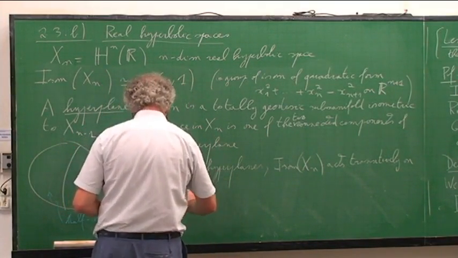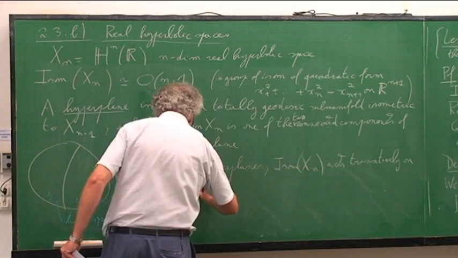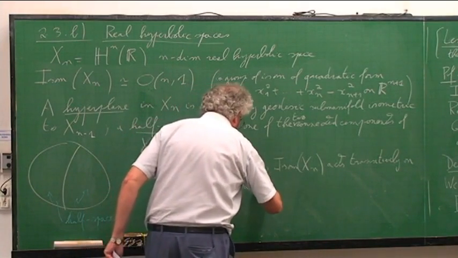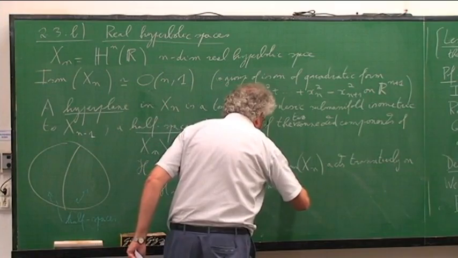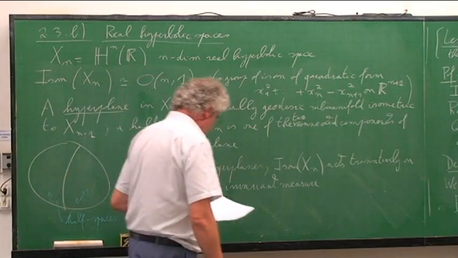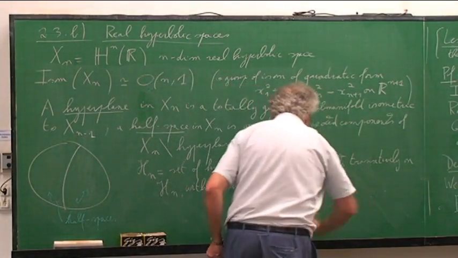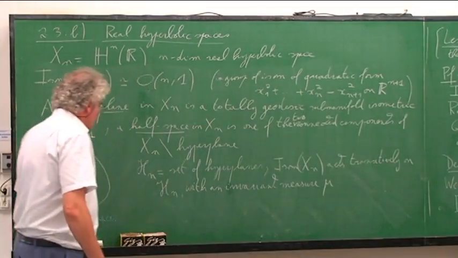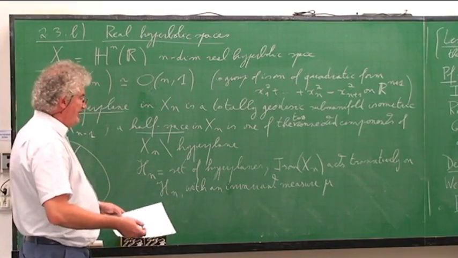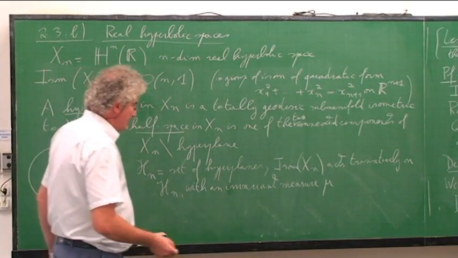And moreover, with an invariant measure which has good properties. In particular, it's a Radon measure, a measure which is finite on compact subsets.